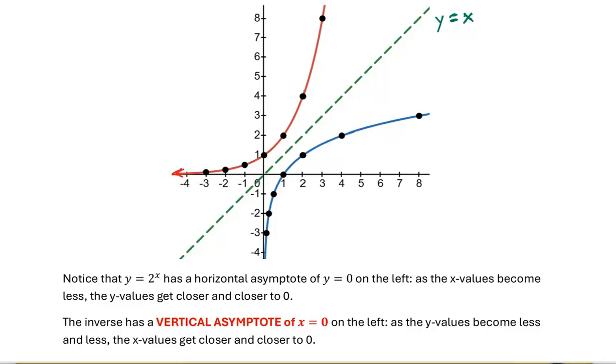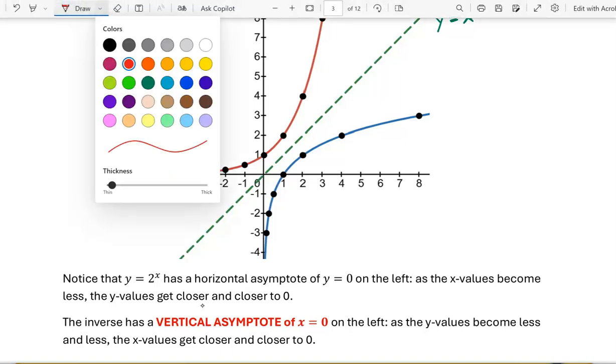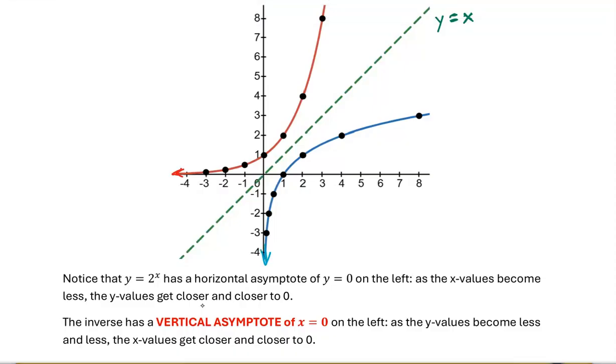So as the y values go down, the x values get closer to 0, right? As the blue curve goes downward on the left side, the x values get closer and closer to the y-axis, which gets them closer and closer to 0, right?